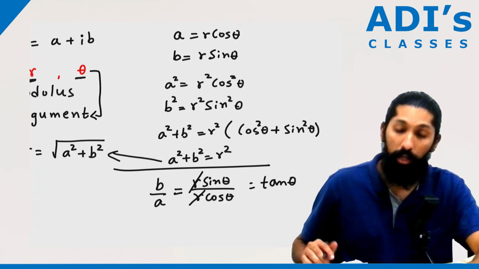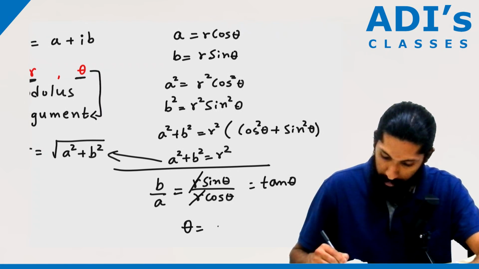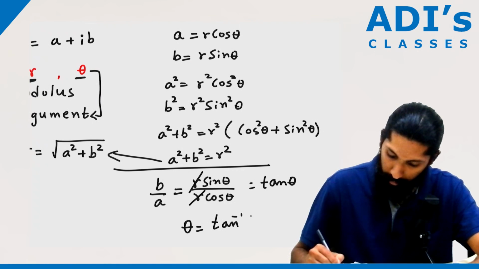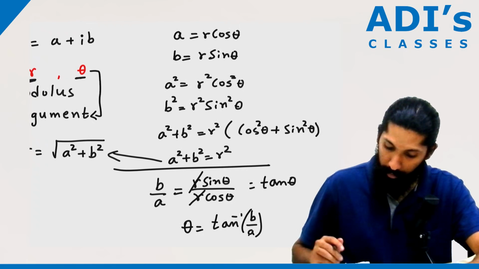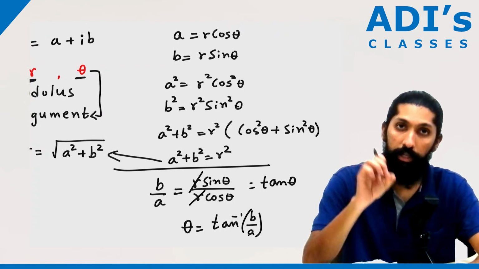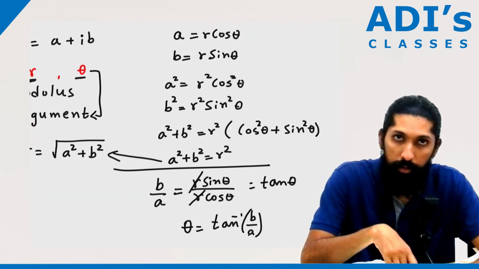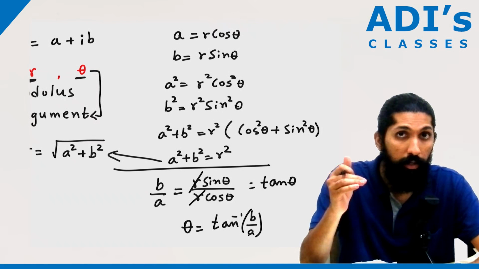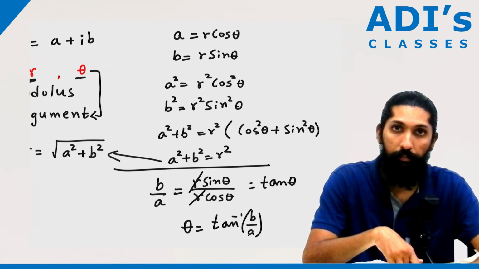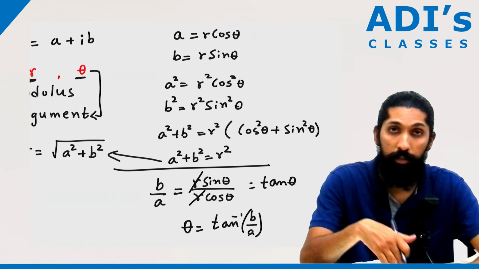So theta becomes tan inverse of b divided by a. In other words, theta is tan inverse of the imaginary part divided by the real part. Imaginary divided by the real.